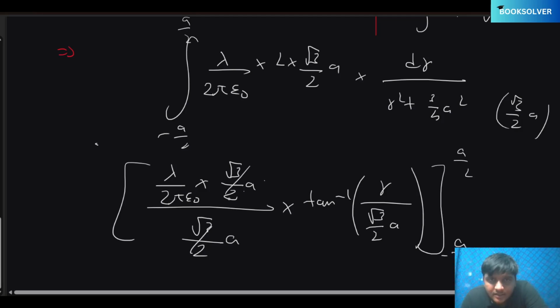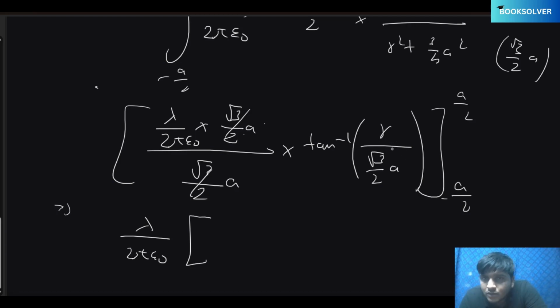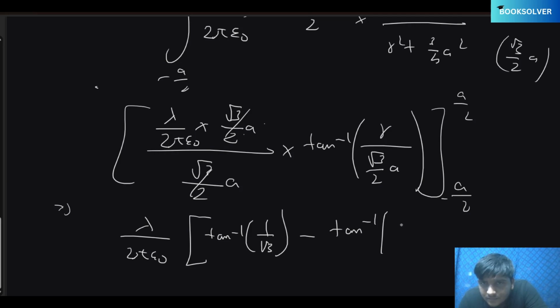So let's cancel all this and put the limits here. Lambda by 2 pi epsilon naught into tan inverse of, if we put the upper value a by 2 here, a gets cancelled, 2 cancels, so tan inverse of 1 by root 3, minus tan inverse of, if we put minus a by 2, we'll get minus 1 by root 3.